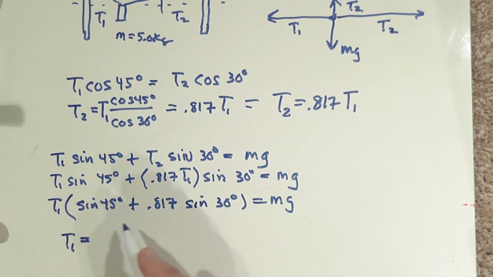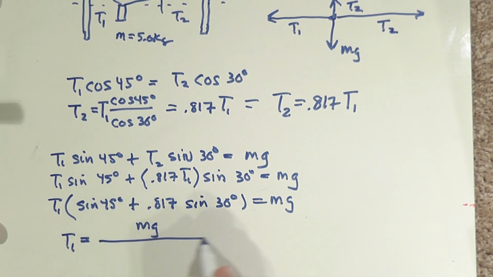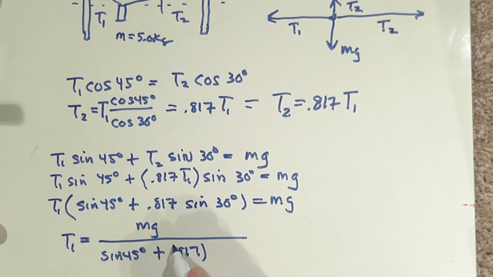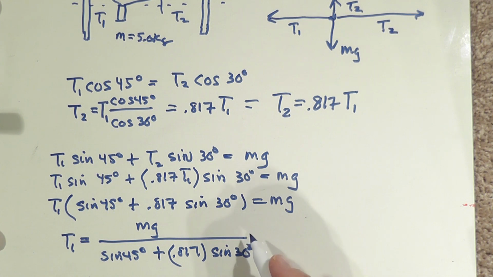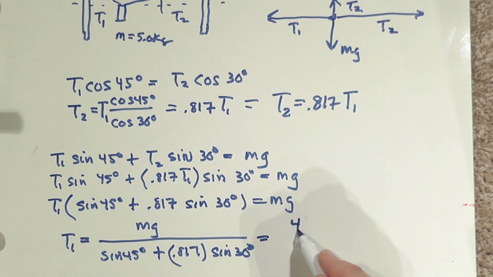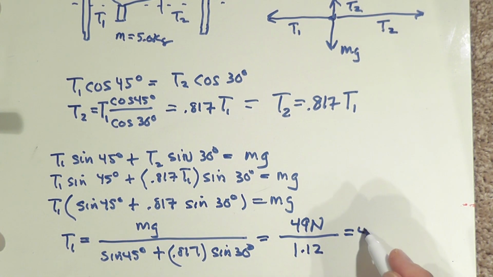T1 is going to be equal to mg on top, and on the bottom sine 45 degrees plus 0.817 times the sine of 30 degrees. On top we have 49 newtons, the weight of the light, and the denominator works out to be 1.12, and this comes out to 43.9 newtons. So we solve for T1: 43.9 newtons.